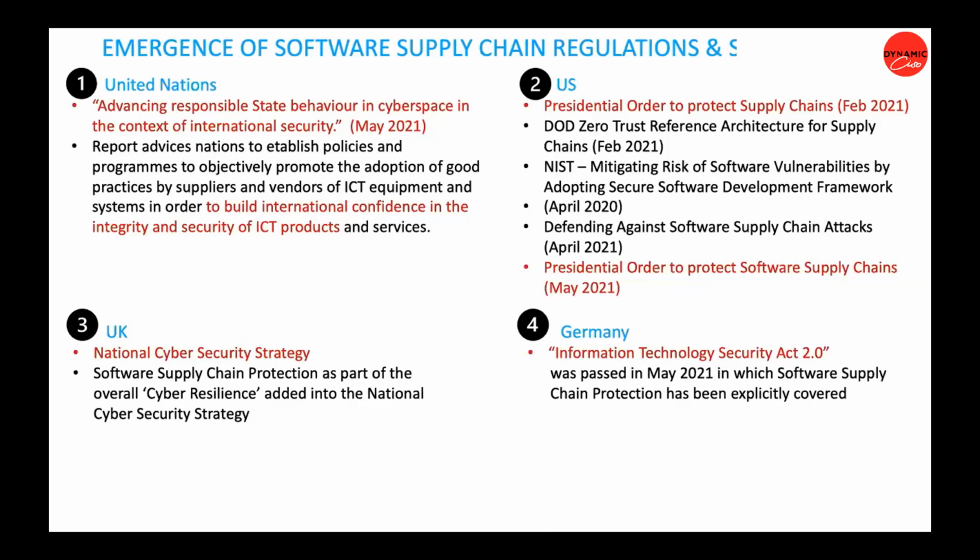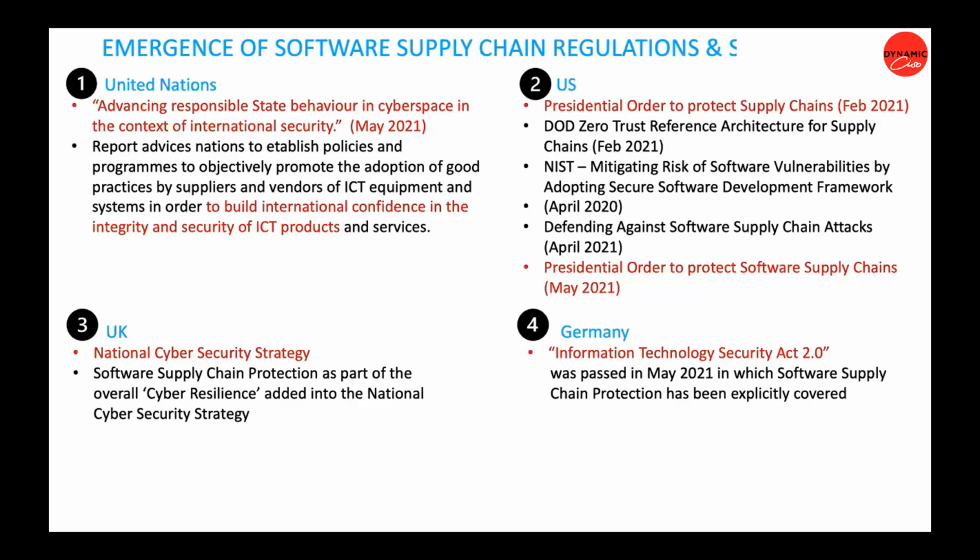Then NIST came out with a Secure Software Development Framework in April, right? Then in April 21, they came out with another document, Defending Against Software Supply Chain Attacks, which is again pretty thorough and deep, where they give detailed best practices.